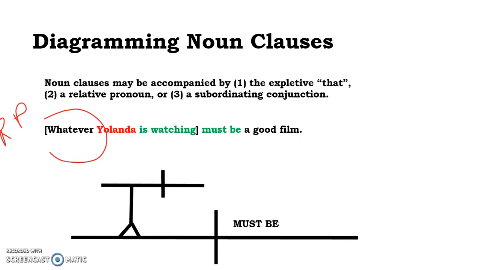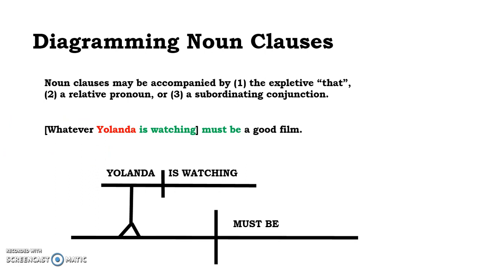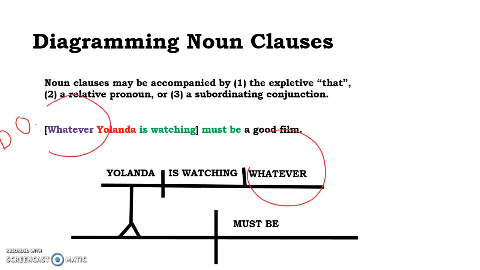And the question is, what do I do with whatever? Well, if I think about it for a moment, I can see that after I put is watching my verb and Yolanda in the subject spot, I can see that whatever is actually the direct object of that clause. Think about it this way. If I reversed the word ordering, I said, Yolanda is watching whatever. That sounds right, right? Yolanda is watching whatever.